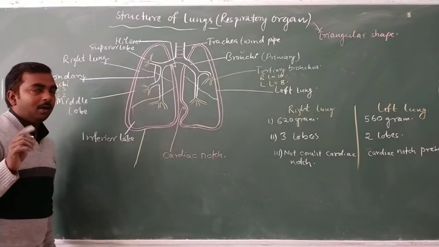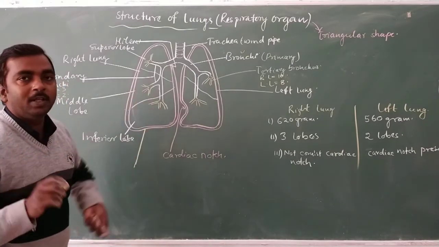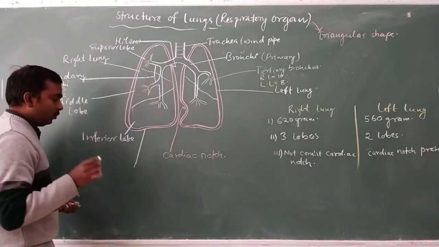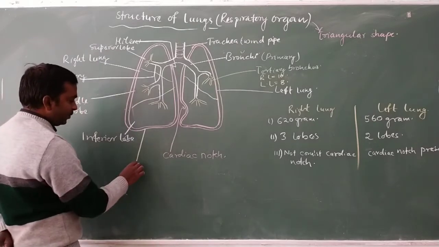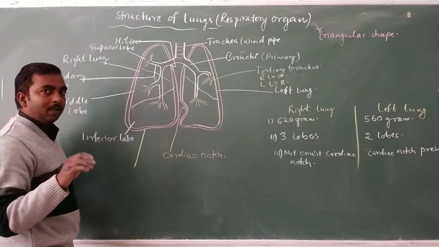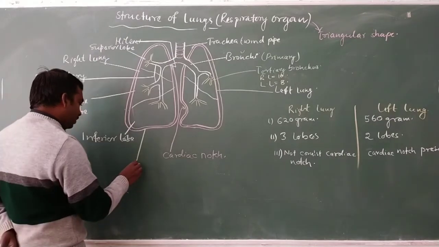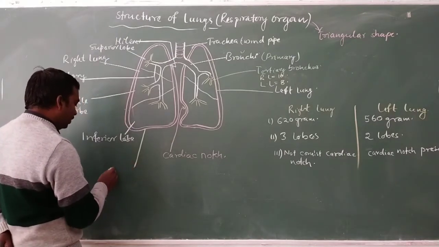The protective membrane of the lung is known as the pleuron, and there are two pleura. Pleuron is singular, while pleura is the plural word.